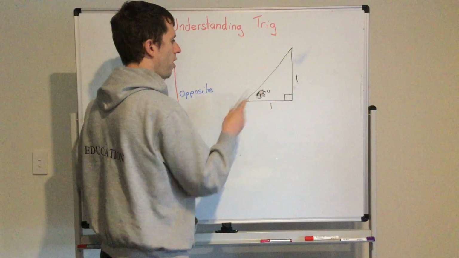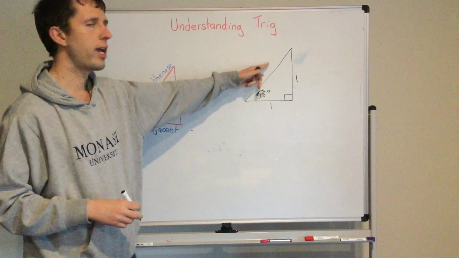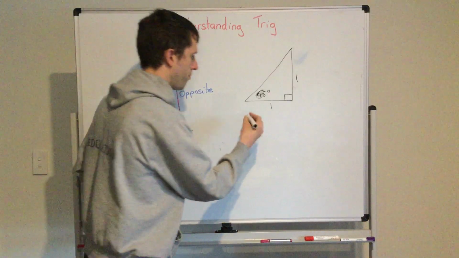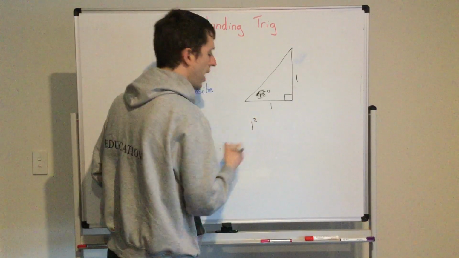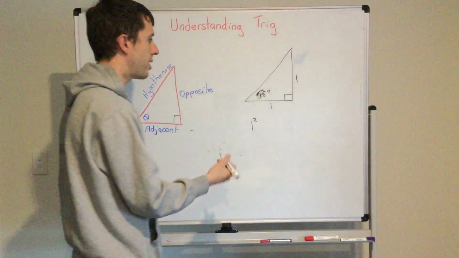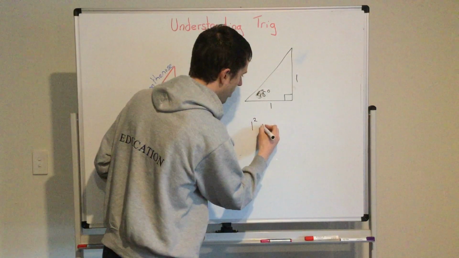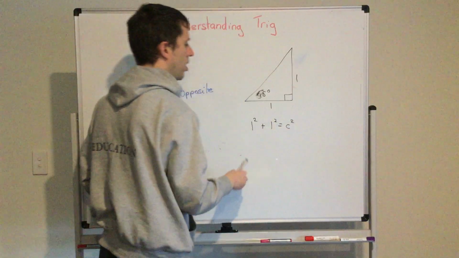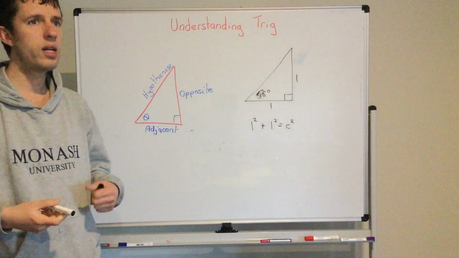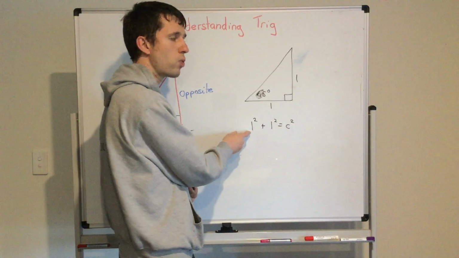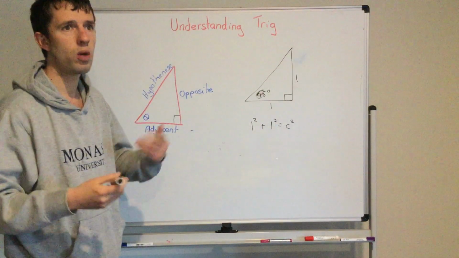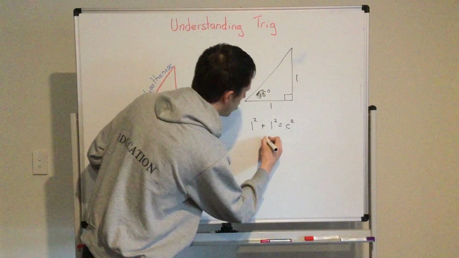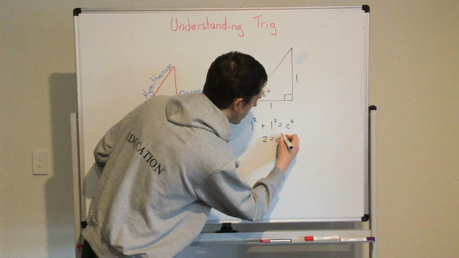So, first thing I'm going to be doing is working out my hypotenuse side, using a squared plus b squared equals c squared, so 1 squared plus 1 squared equals c squared. 1 times 1 is 1, plus 1 times 1 is 1, so 1 plus 1 equals 2. 2 equals c squared.